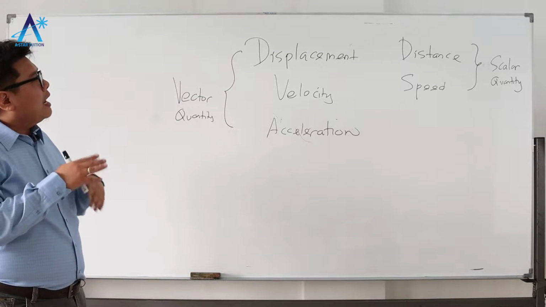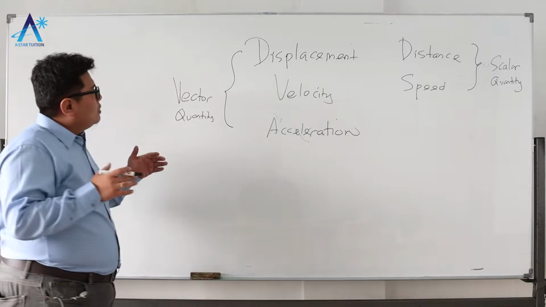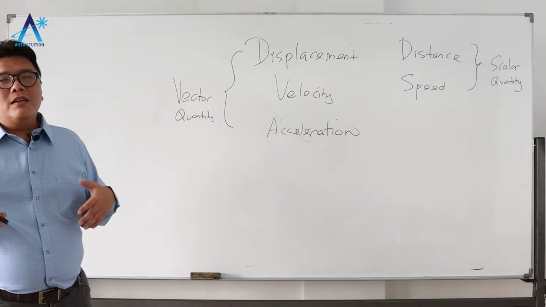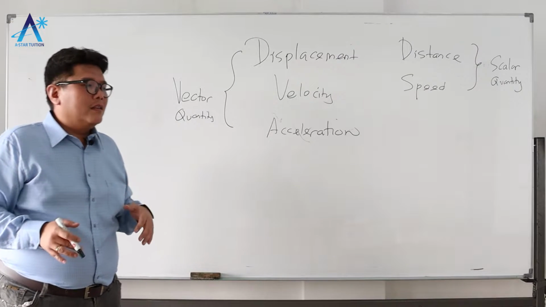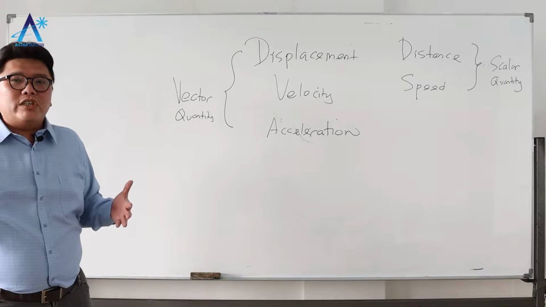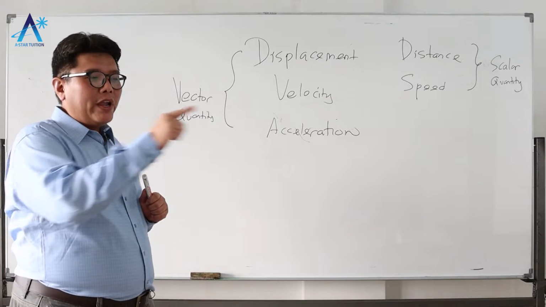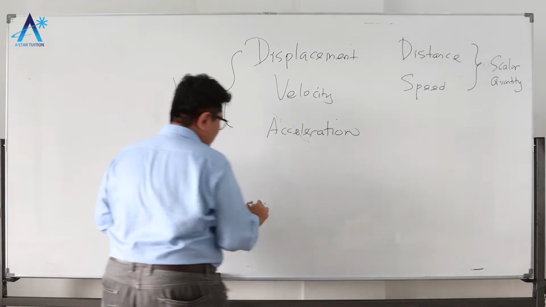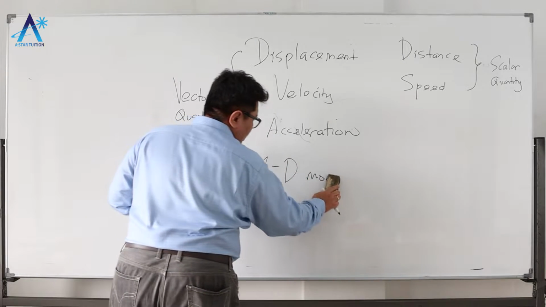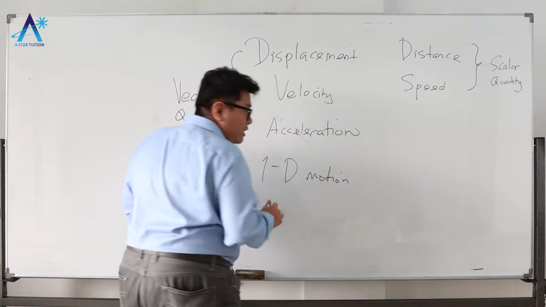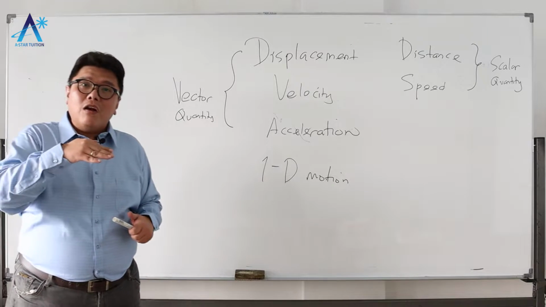Our discussion today will be limited to one-dimensional motion. So the notion of vector quantity and scalar quantity becomes not so different, in the sense that the difference is easily distinguished because the motion is only two ways, one way or the opposite. Let me write it down here. One-dimensional motion, 1D motion, is a motion in which the position of the particle can only be two ways, one way or the opposite.